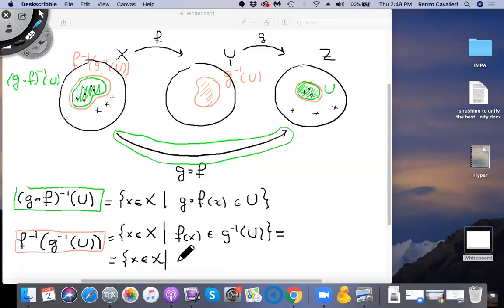Well, it means that f of x is in g inverse of U if g of f of x is in U. But by definition, g of f of x is g composed with f of x. So now this is equal to this.